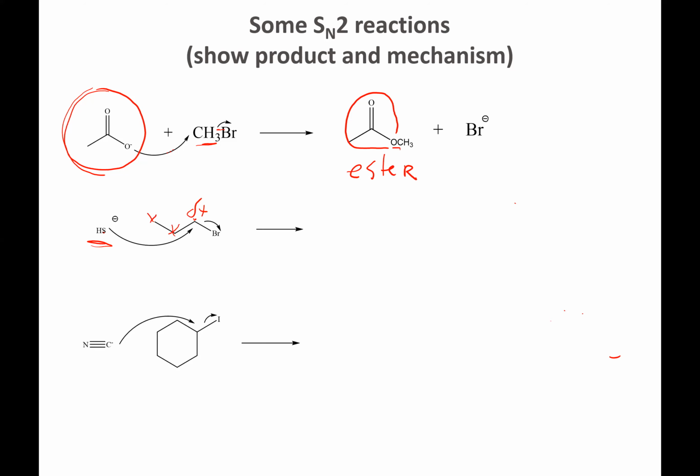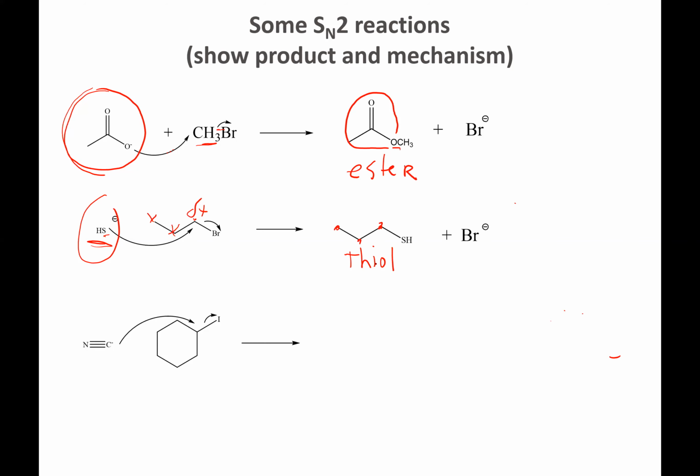The atom that's attached to this carbon is the atom with the lone pair, so it's going to be the sulfur. You see now the SH is attached to the propyl group rather than the bromine. Bromine gets kicked out. This is a thiol, functional group thiol. And so using bisulfite ion in these reactions is a way of synthesizing thiols.